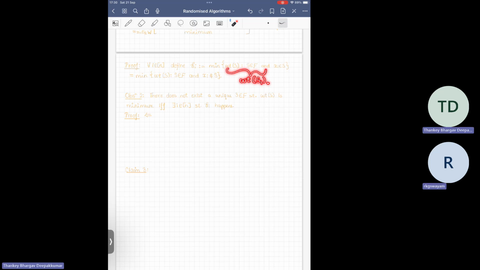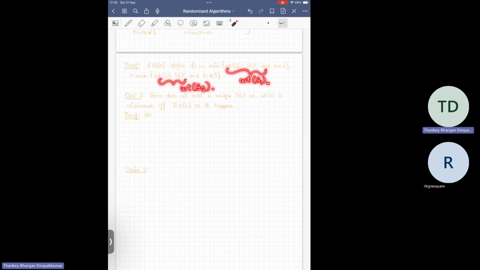But what I want to argue is that there are two sets, S1 and S2, which are minimum among all sets in F. So I do have two sets, S1 and S2, but S1 is minimum among all sets in F containing Xi, and S2 is minimum among all sets in F not containing Xi, right?